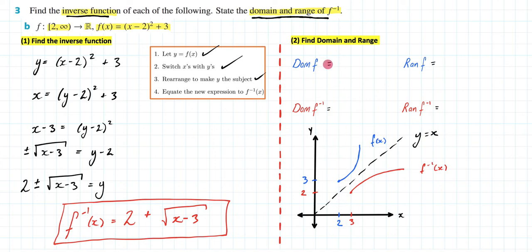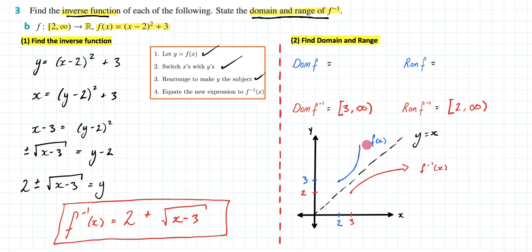Now we need to find what my domain and range is, and we could actually use our graph. We could say, well, my domain of my inverse will be 3 to infinity. And my range of the inverse will be 2 to infinity. And that makes perfect sense when we consider what the domain of my function will be.